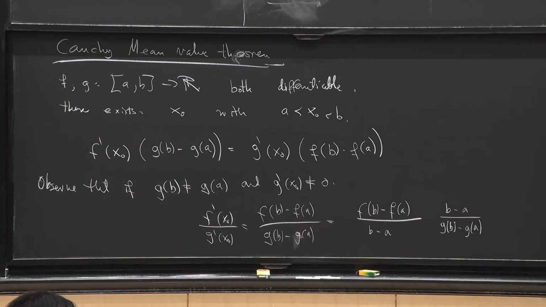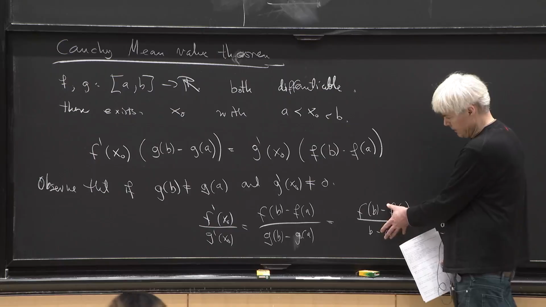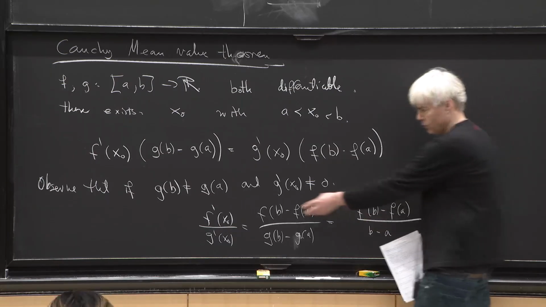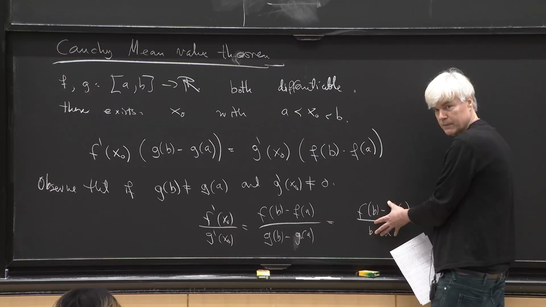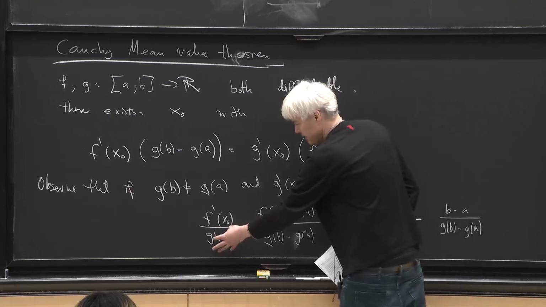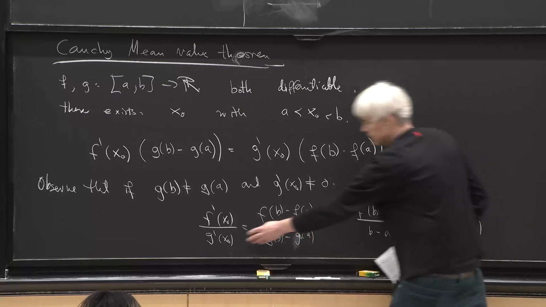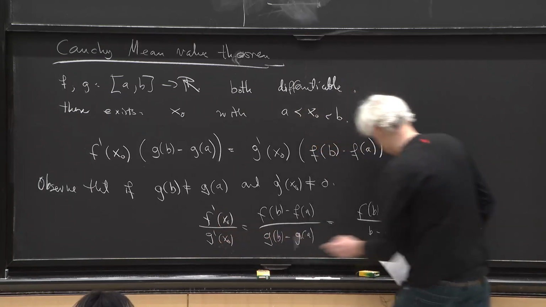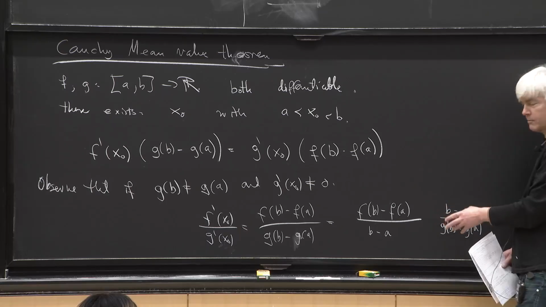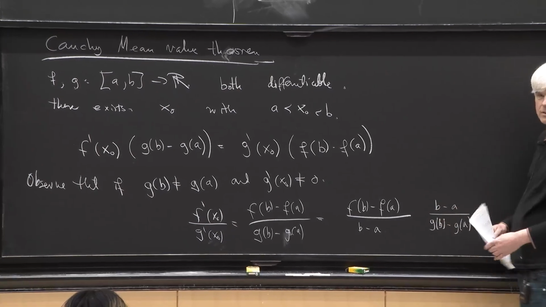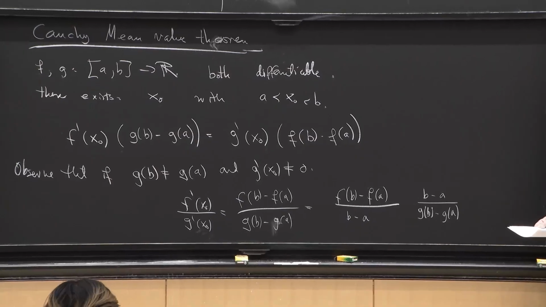The actual mean value theorem says that there would be some point x0 in between that was equal to this, right? That would be the mean value theorem applied to f. And the mean value theorem applied to g would be that there exists some x0 so that 1 over this is equal to this thing here, right? And the Cauchy mean value theorem says that you can arrange so that both of these things happen at the same time. Okay?